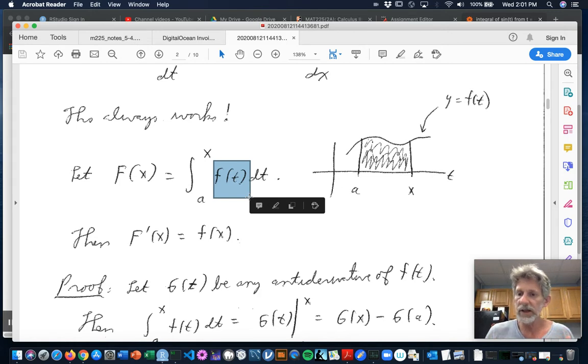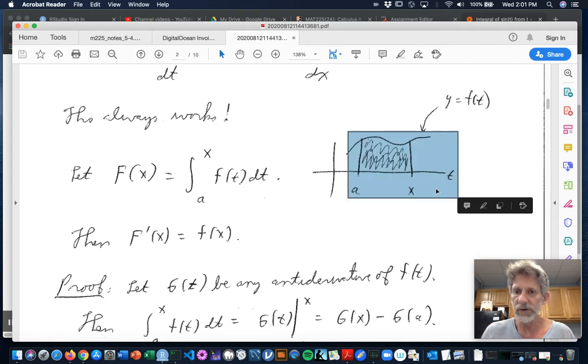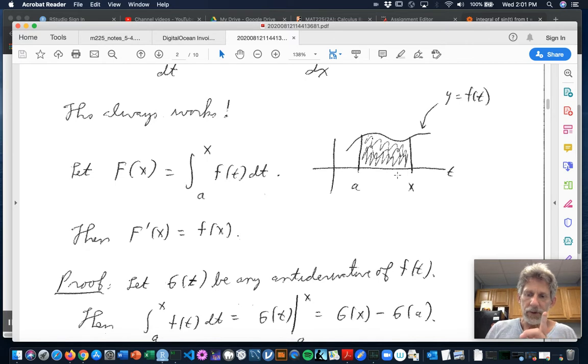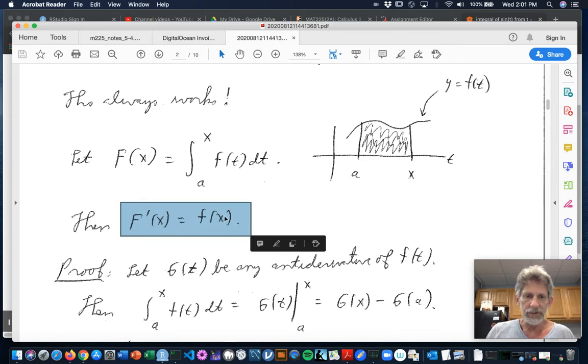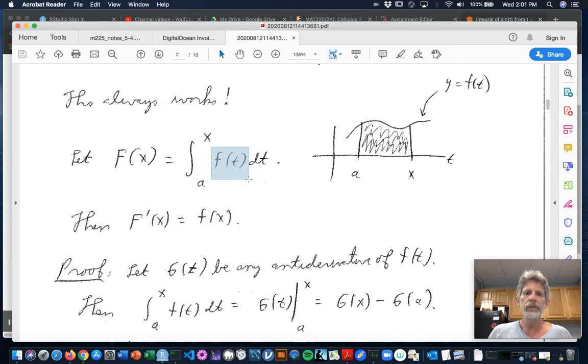So the signed area under f of t from a to x. So here's my rough picture of what's going on. If capital F of x is set up that way, then the derivative of capital F is just, you take the integrand, put in an x where there was a t. So it's going to be that little f.